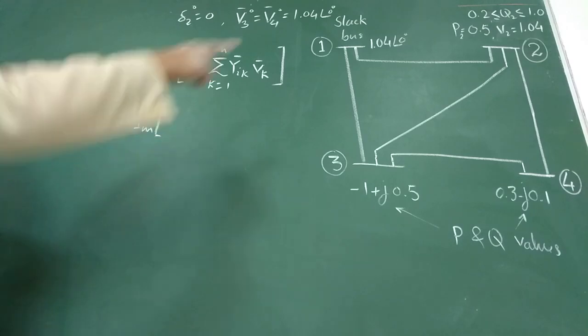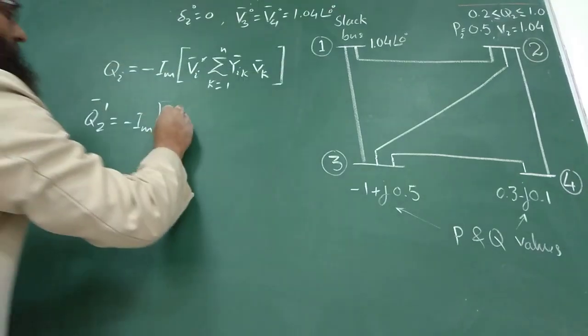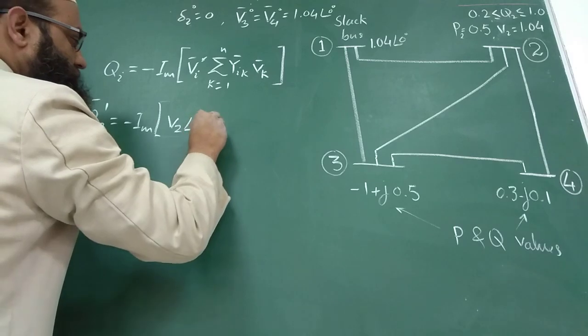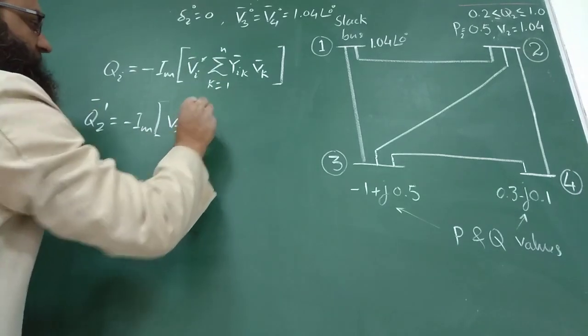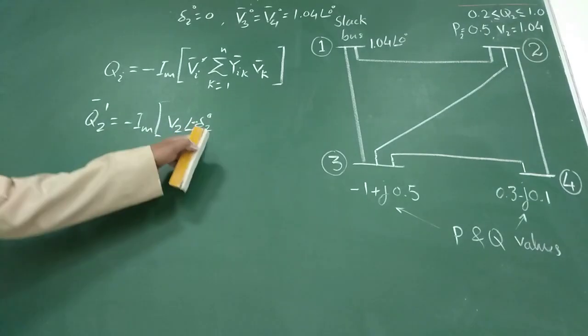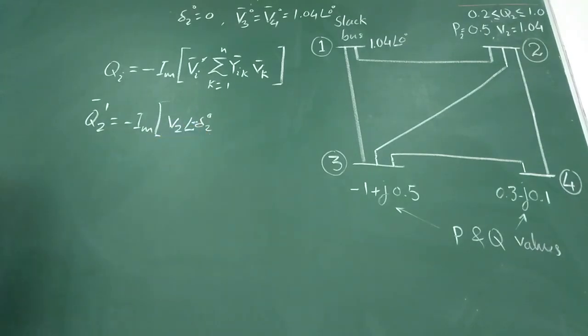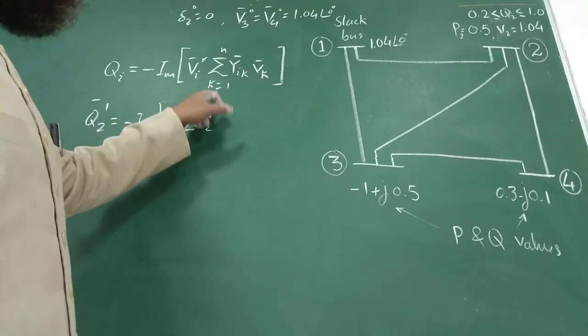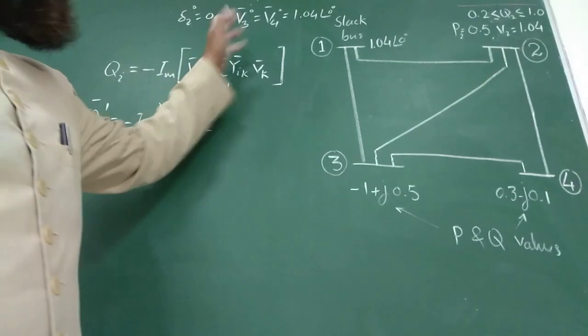So i is 2 now. So that will be V2 angle delta 2 minus, for the star, minus will be there, delta 2(0). Is it not? Yes. This is the variable now for PV buses. And Yik Vk, so how many k, starting from 1 to n? So 1, 2, 3.